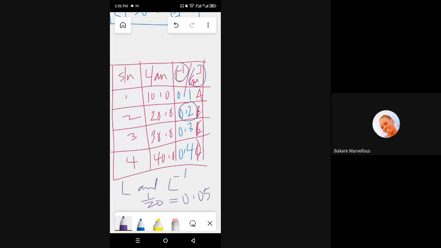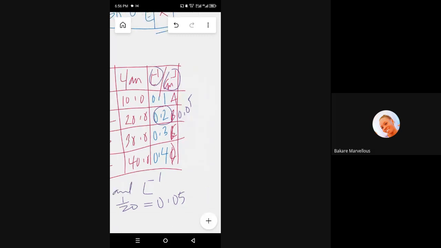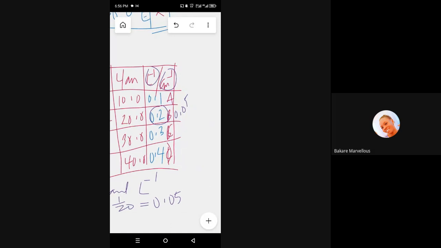0.05. So this one should be 0.05. Is that clear? Yes, sir. So C, what will the answer for C? 0.03. 1/30. 0.3.